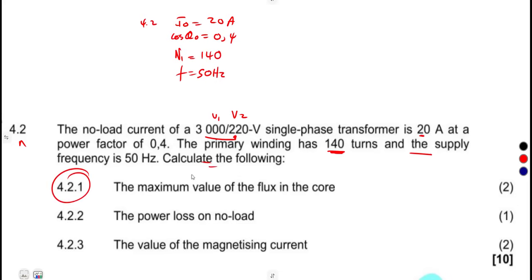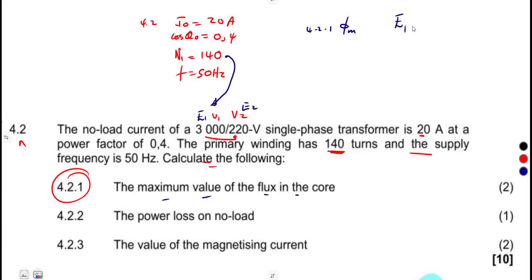Calculate the following. 4.2.1, the maximum value of flux in the core. We can have it since we've got this E1, E2 from the generated EMF equation. Since we've got N1, so N1 goes with what? E1.